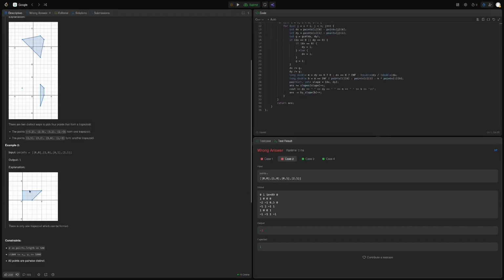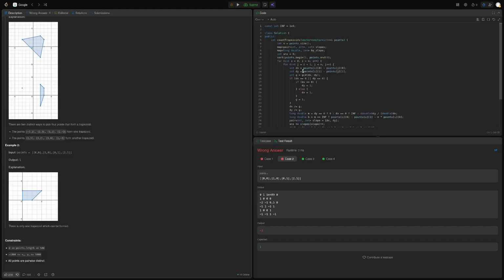I think so. 0.5. If I go like that, yeah, I have to normalize this.